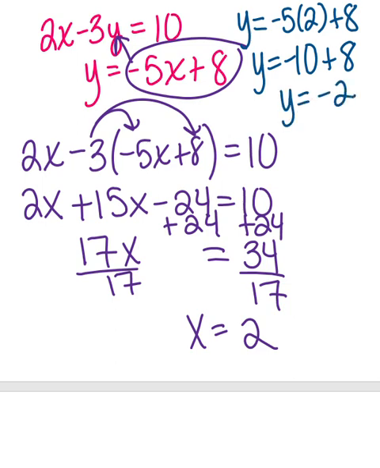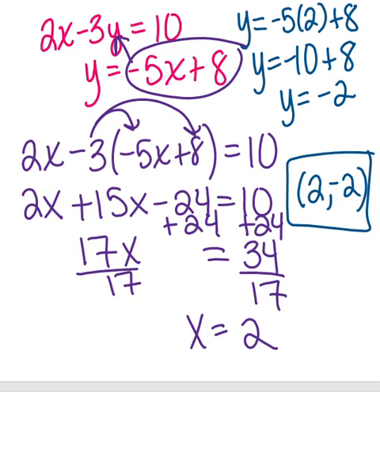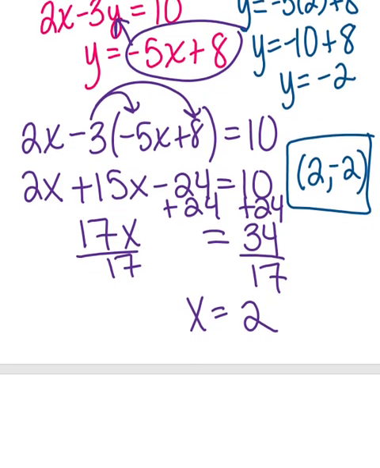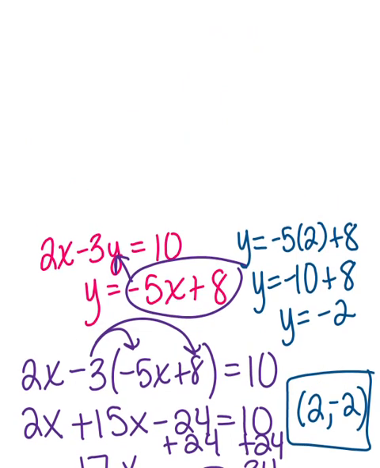Here, I'm going to get negative 2. So my solution here will be 2, the x-coordinate, negative 2, the y-coordinate. So again, if I was to graph these two equations, they would have their point of intersection at 2, negative 2.